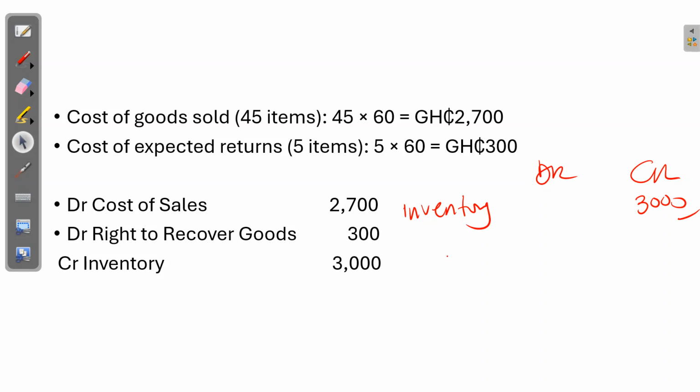Then we have to debit cost of sale. The cost of sale refers to the cost of the items we have sold. In fact, we have sold 50 items, but five of them may be returned, so we have to treat this one specially.